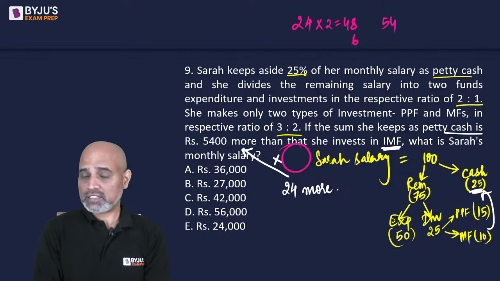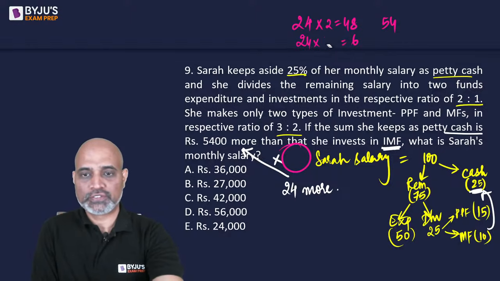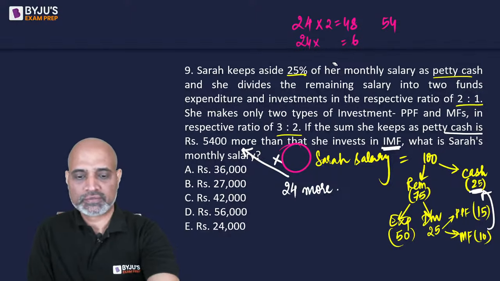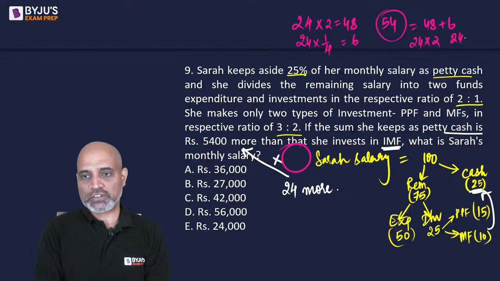54 means another 6. So 24 का 0.5 times, I believe 0.5 मतलब 1.5 नहीं, sorry, 0.25. 24 का 1/4, as in 0.25 is going to be 6, right? So can we say 54 is 48 plus 6? 48 is 24 into 2, 6 is 24 into 0.25.